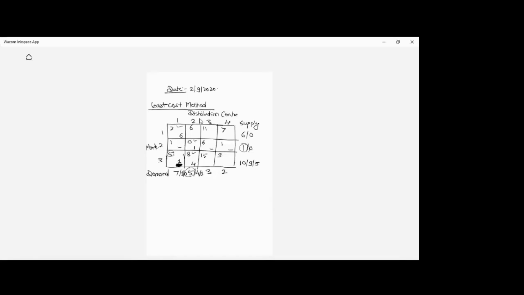So we'll have to update this cell as well, right? By mistake I have written this value as 6, but this value is 3, right? You can cross check, this value is 3 here.